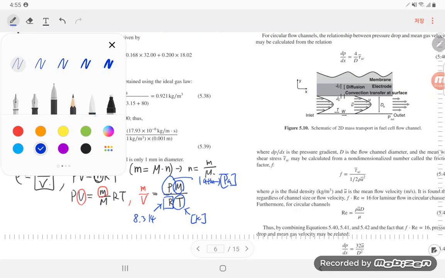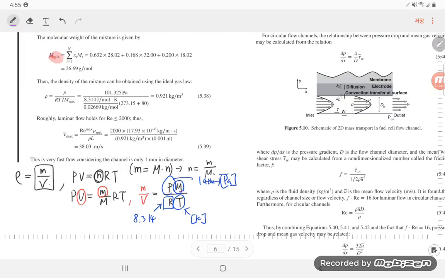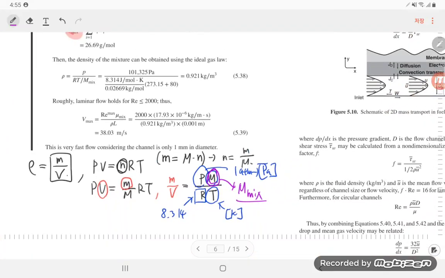And finally, we should get this one, molecular weight of the mixture. So we'll solve for the M mix.